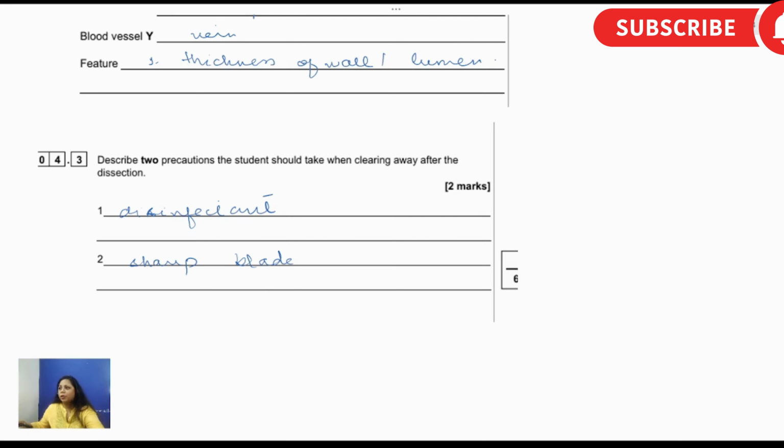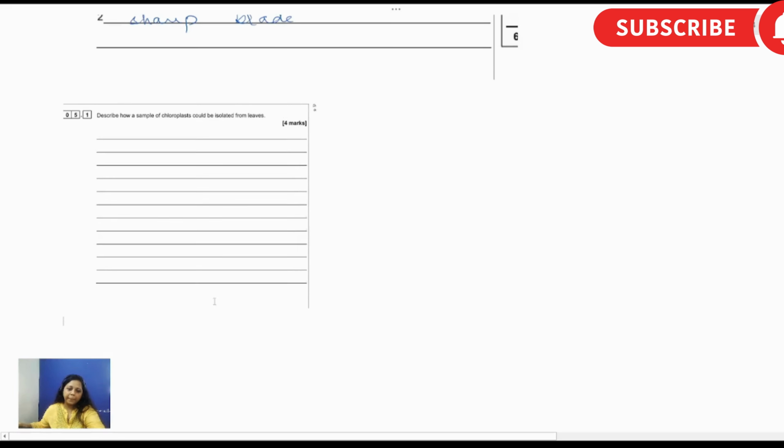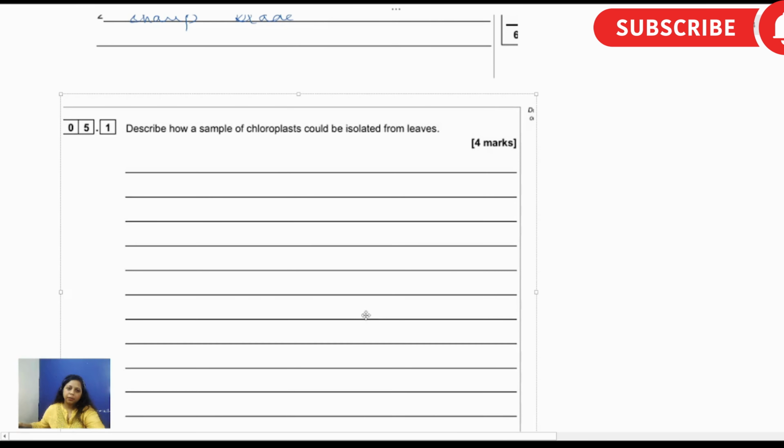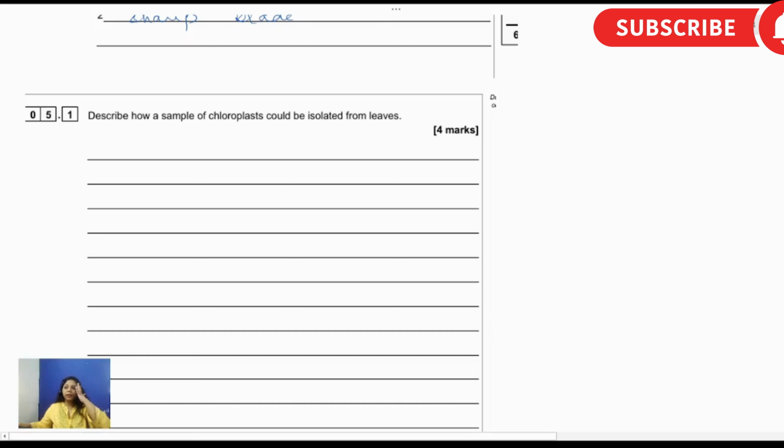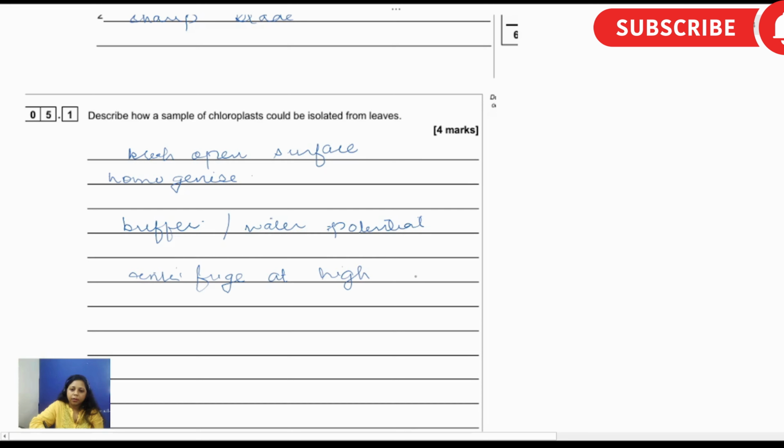Describe how a sample of chloroplasts could be isolated from the leaves. Break open the cells, homogenize them, use a buffer with the same water potential, then centrifuge.